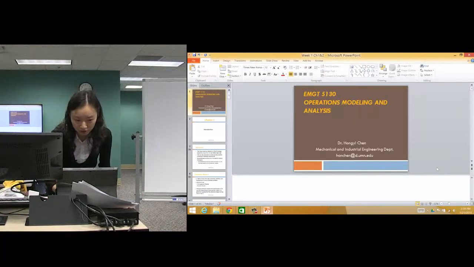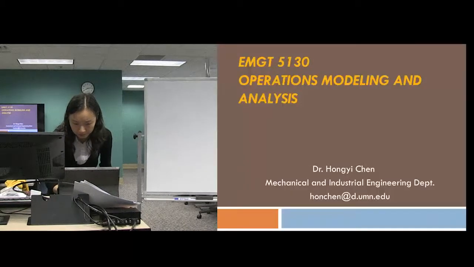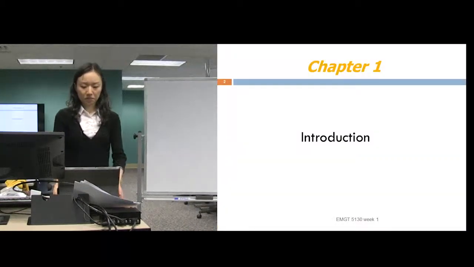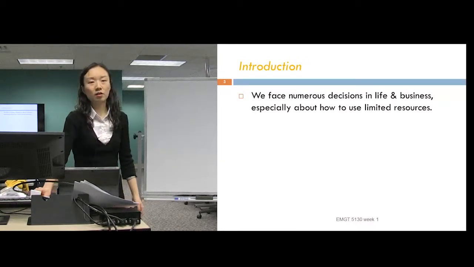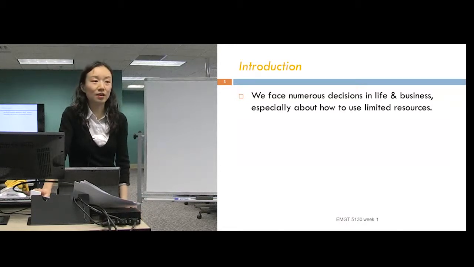Okay, so we'll talk about operations research. Some introduction. As we said, in everyday life and in business, we face numerous decisions, and many of those decisions deal with how to use limited resources.